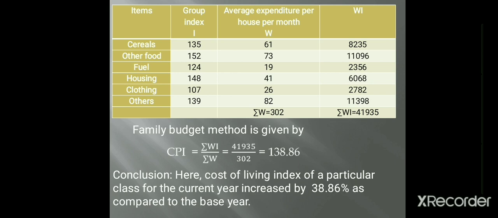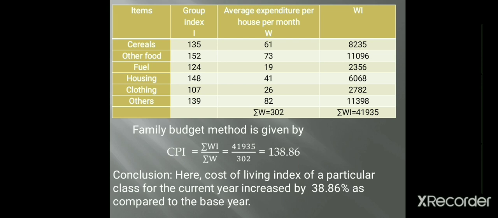The other total required for the calculation of consumer price index is summation WI. For the same reason, let us create the next column heading as WI. Now multiply the W column values with their corresponding I column values.